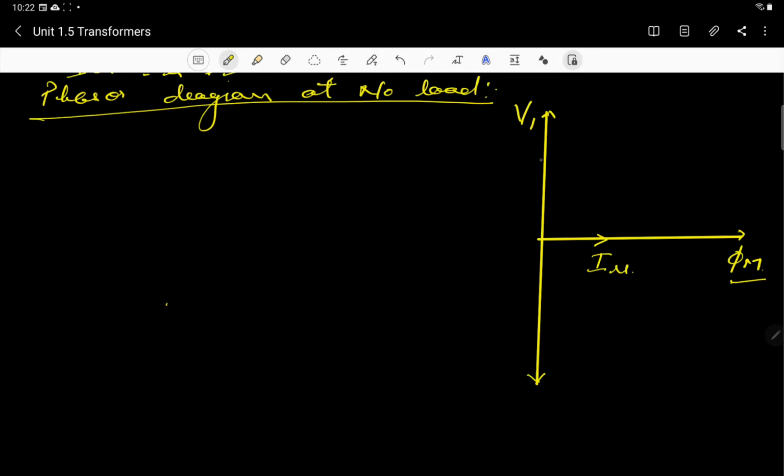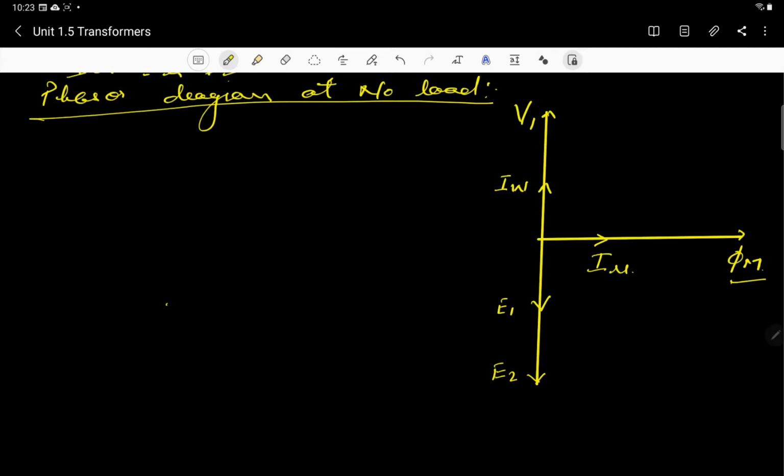And the component IW, as we have already told you, is in phase with V1, okay. And in the transformer, you know that V1 and I1 should be opposite to each other, because according to Lenz's law. So E1 should be here, and E2 and E1 are generated by the same source, so both of them should be in phase, okay, E1 and E2.